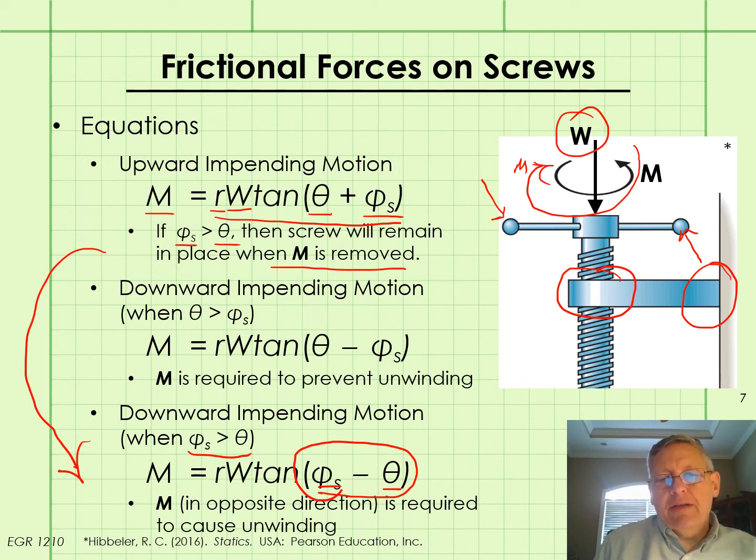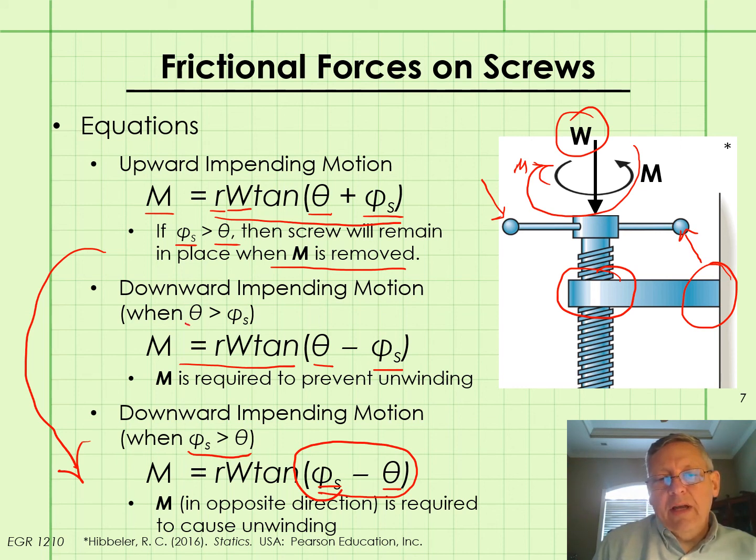And then the third case is when the screw is not self-locking. In other words, what moment is required to keep the screw from unwinding due to the weight applied to the top of it. And that's going to be, again, a similar equation, but now you're taking the tangent of the lead angle minus the angle of static friction.